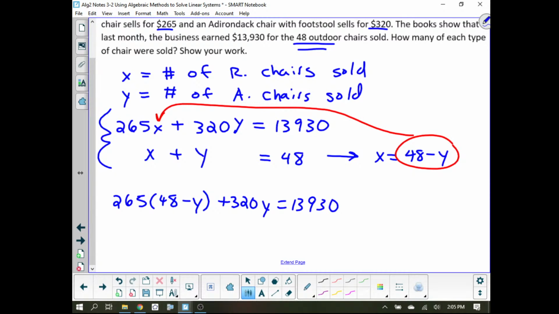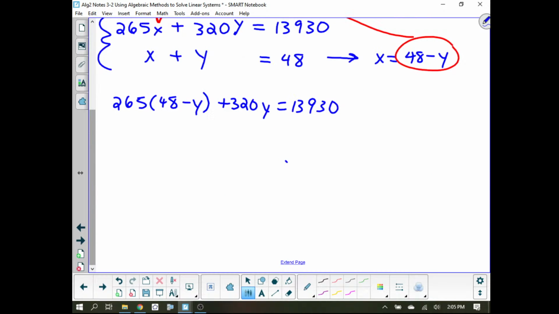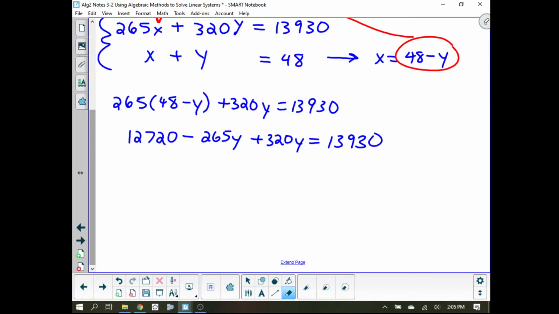Okay, this is not the approach I took in my notes, so you're going to have to help me multiply this. I don't want to slow us down. Go ahead and distribute that for me. What is 265 times 48? Okay, minus 265y plus 320y equals 13,930. All right, then we need to combine those two y terms, so that's going to give us, what is that?